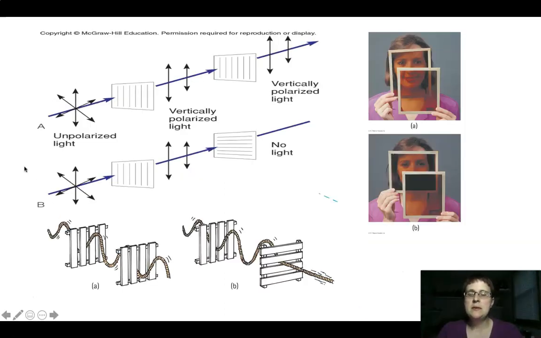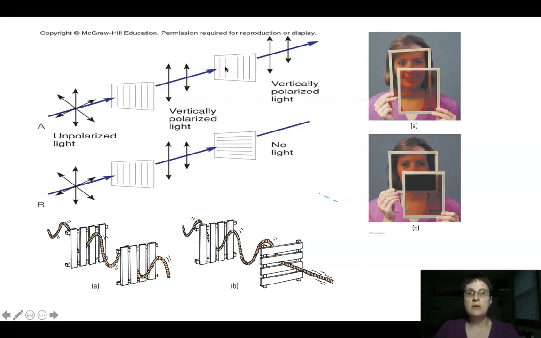Right, so what does that mean? We've got unpolarized light that's coming in, and let's take a look down here at the example with these pallets. We've got these wooden pallets, they've got slits in them, and they've run a rope through them. So the rope is like the light. Now, what we've got is light, in this case, that is traveling in that up and down motion, right? And so it is what we would consider, because it can travel through these pallets, vertically polarized.